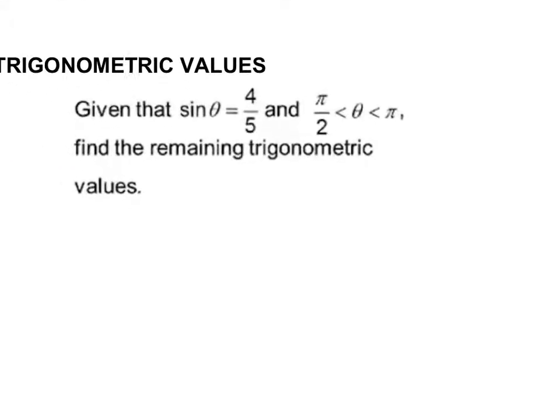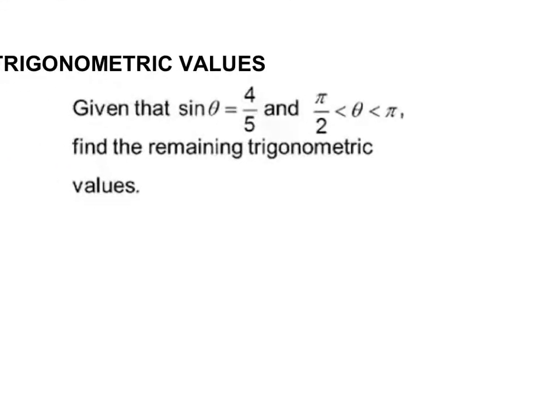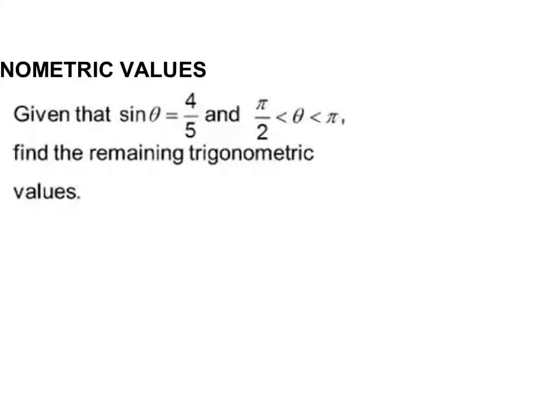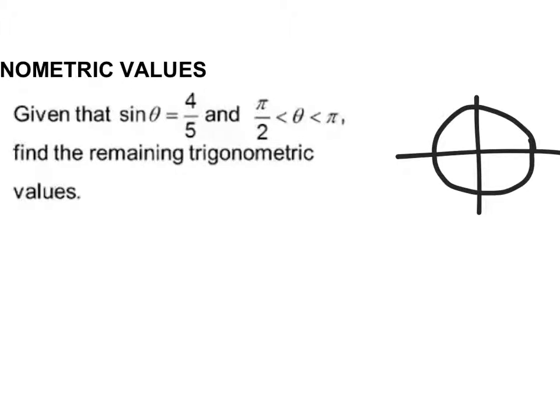Given this, I'm going to come over here and draw a picture, because we're going to need some room to do it the other way. I'm going to draw my unit circle over here, and what we're dealing with is a value of theta that's between pi over 2 and pi. So I have this quadrant here that we're dealing with. Sine of theta is equal to 4 over 5.